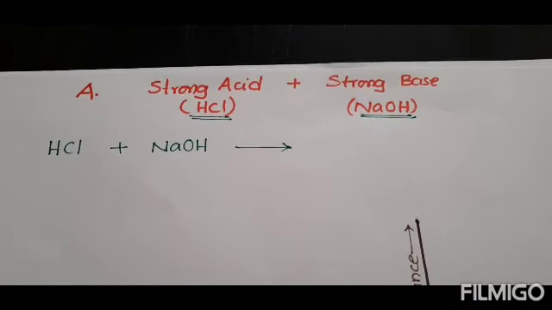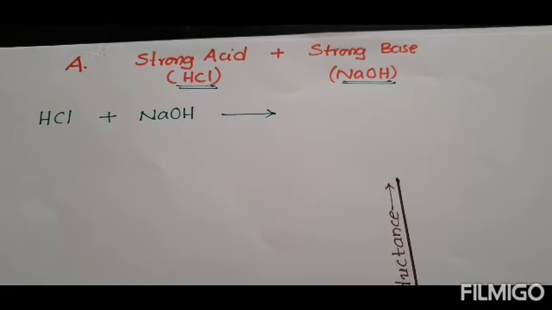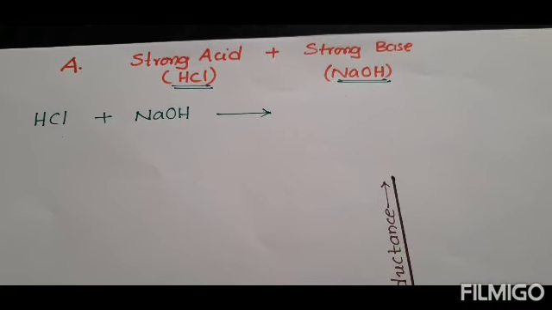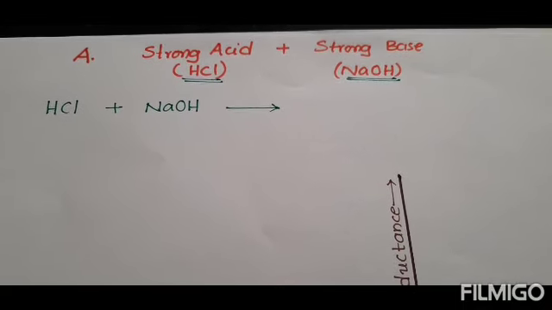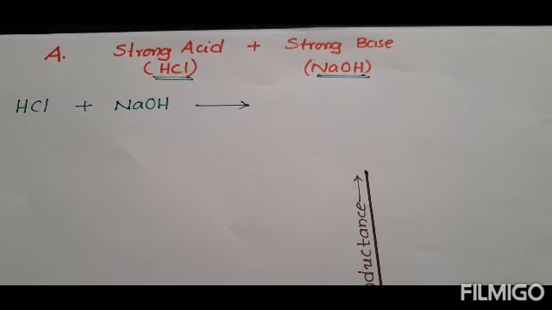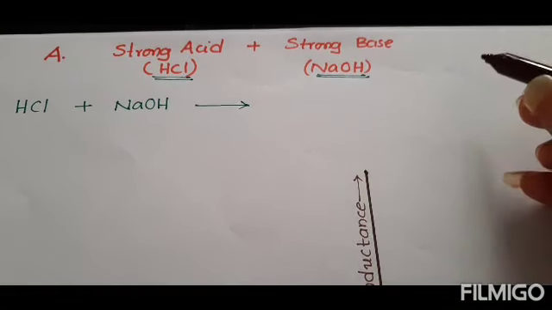Strong acid versus strong base I am taking. How will this curve be obtained? How can we determine that the given curve is for HCl and NaOH, or for a strong acid and strong base? For this, students have to memorize one important point.